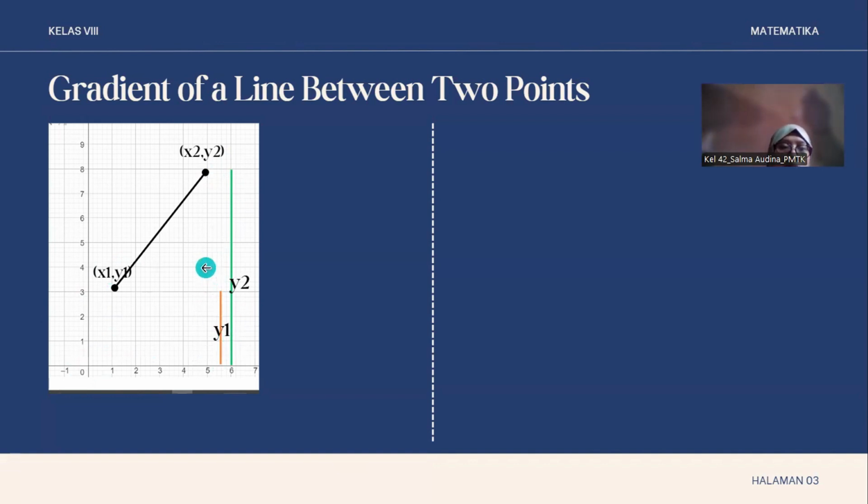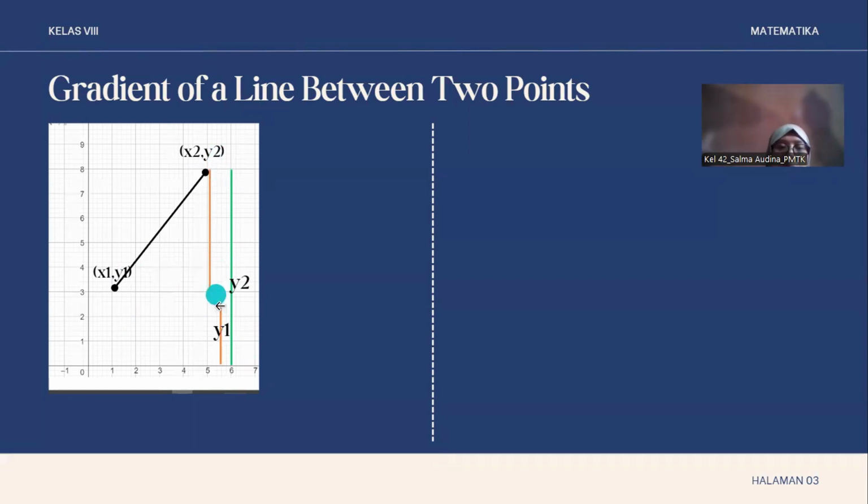So, the vertical distance from the first point x1, y1 to the second point x2, y2 is a subtraction from the green line with the first orange line. Here we represent it with the second orange line.